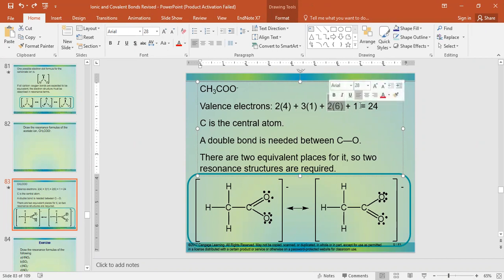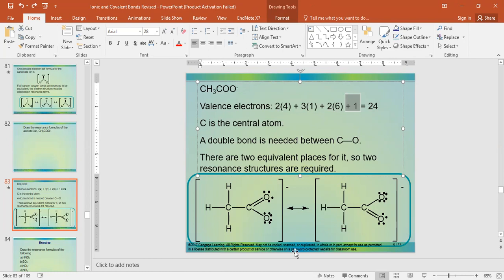You can see there is +1 here. The question is, where is this one coming from? This compound here is negatively charged. This negative charge is as a result of an extra electron, which is the electron we are putting here. So if you look at that, you realize that the total number of valence electrons here is 24.